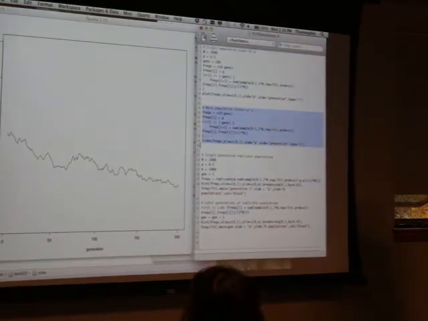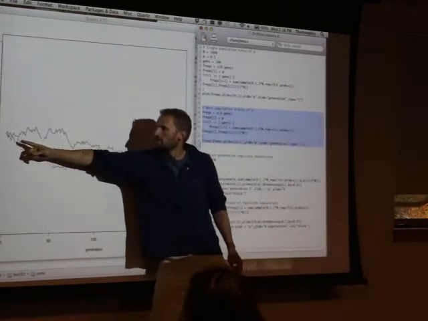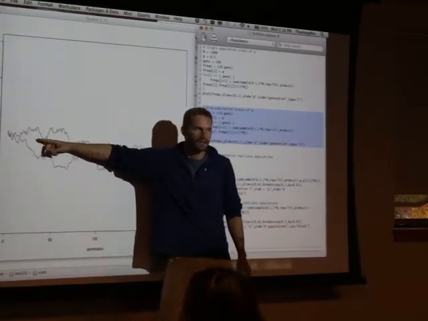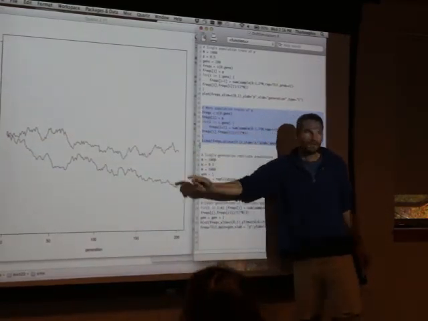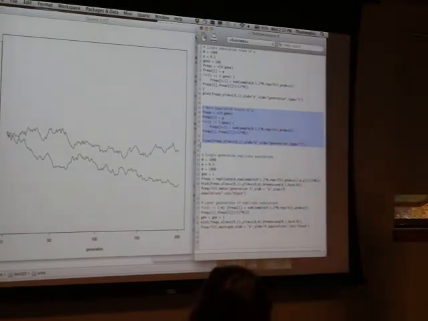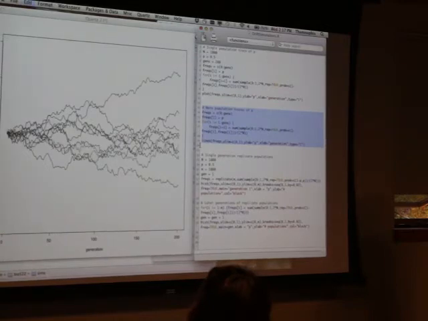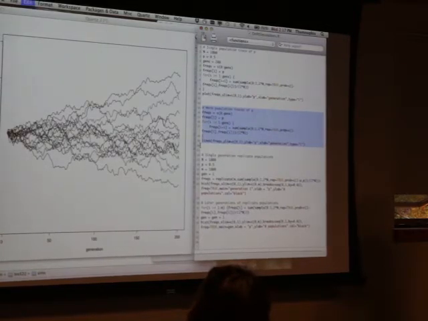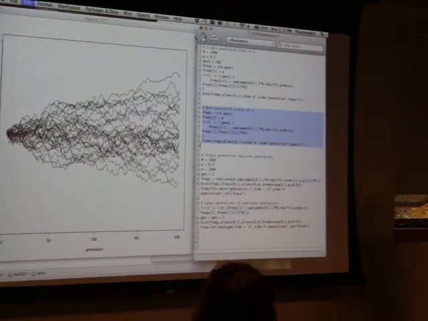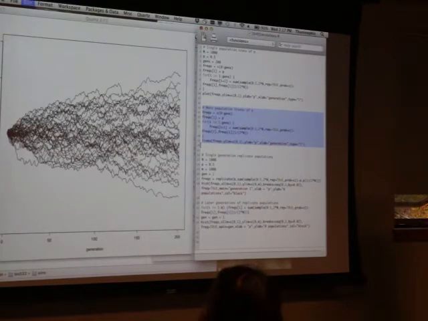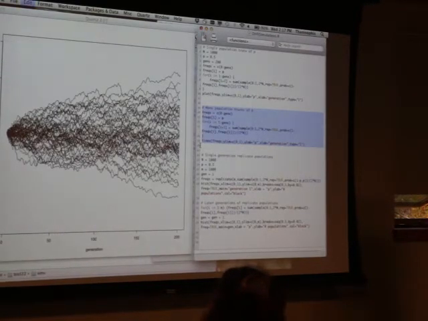If you have a completely independent locus somewhere else in the genome that also starts at a frequency of 50-50 over here, it bounces around independently, and it does that. So again, this is classic genetic drift. If we keep adding more and more loci, we can start to see the pattern.